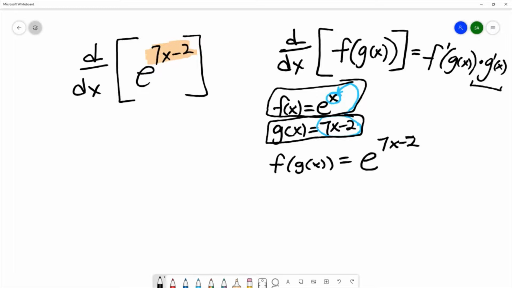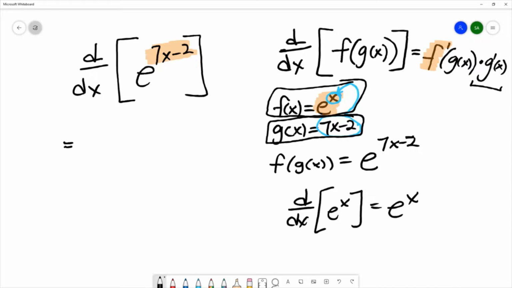And then when I calculate the derivative, I'm going to follow the rule for the outside function first. So the outside function in this case is the e to the x. So the rule for the derivative of e to the x is e to the x.